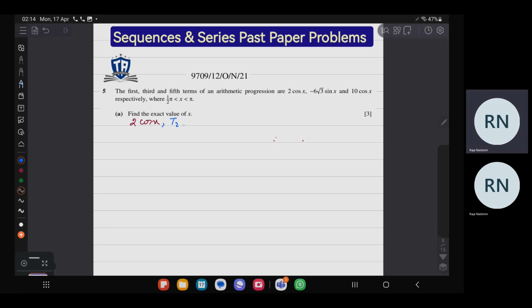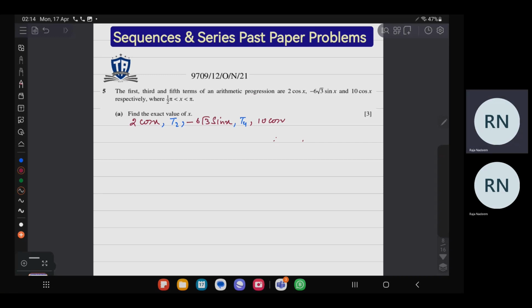The second term is missing, so we'll write it as t2. The third term is equal to minus 6 under root 3 and sine of x. The fourth term is missing, and then we write the fifth term. We need to find the exact value of x.